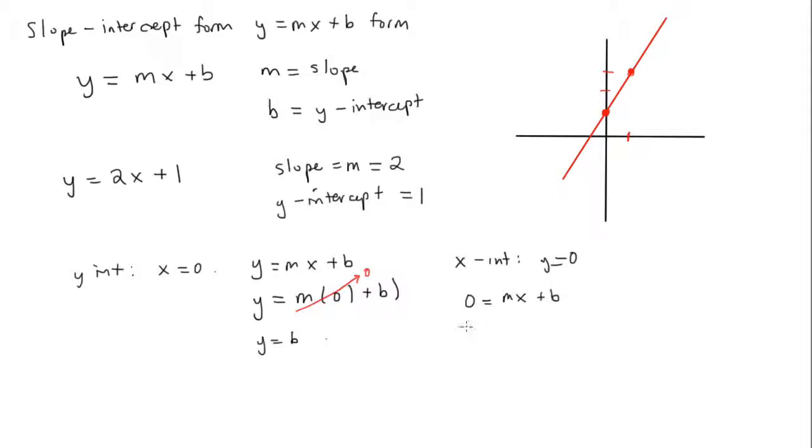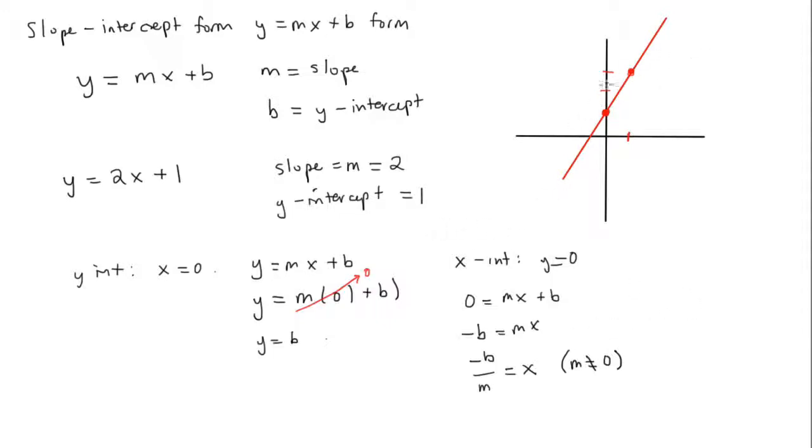And so we need to move the b over and then divide by m. So the x-intercept occurs at the point negative b over m, and that of course requires that m is non-zero, because otherwise we divide by 0.